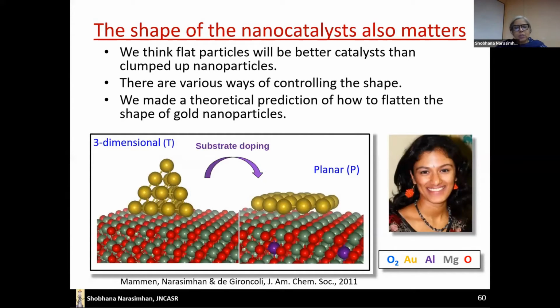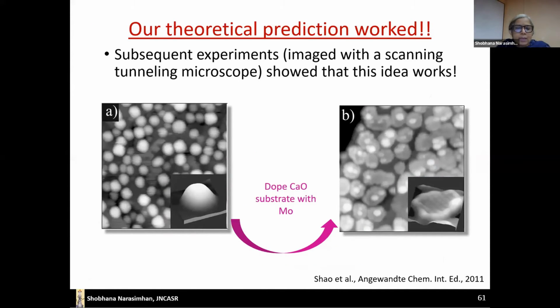This was work done by my student Nisha Mamin. We predicted that if you dope the oxide substrates that nanoparticles are deposited on with an electron donor, you would change the shape. This prediction was subsequently confirmed experimentally by the group of Freund in Berlin.